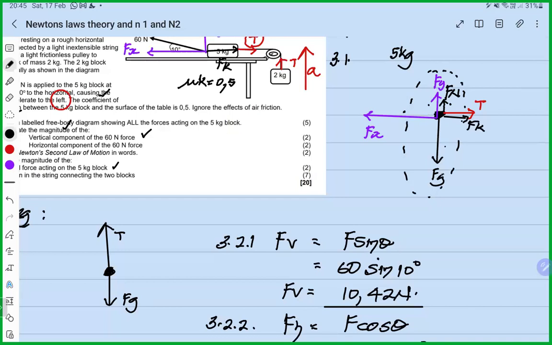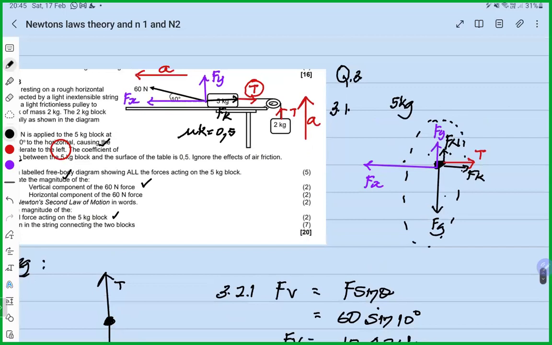These forces will cancel out each other. For the 5 kilogram, remember there's horizontal acceleration there, which means the vertical forces cancel out each other, which means Fn here plus the Fy there added together will equal the Fg at the bottom.